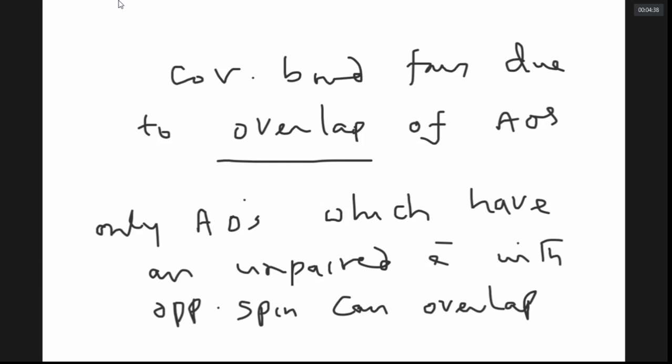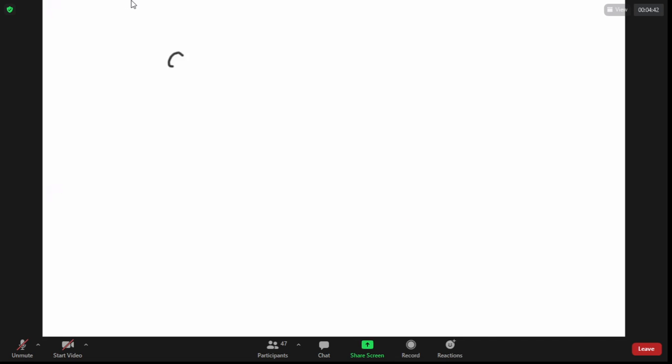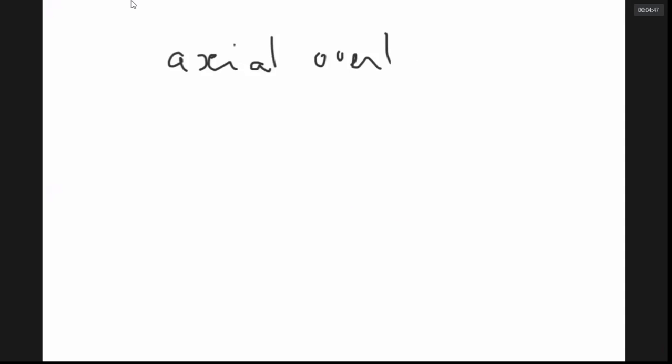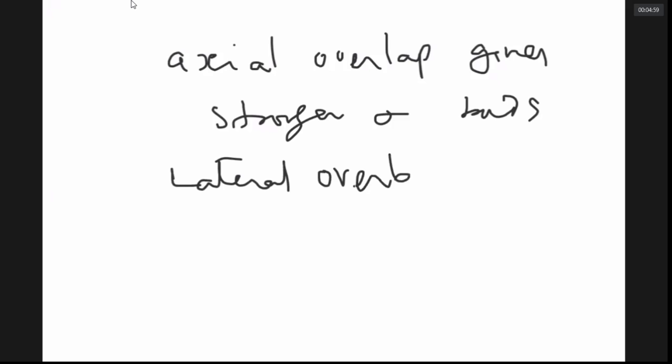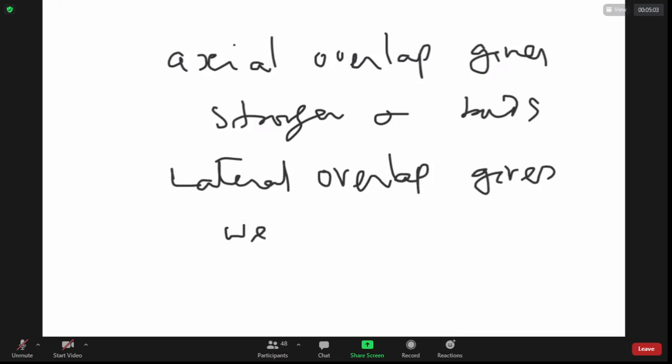The overlap can happen axially. Axial overlap gives stronger sigma bonds. Lateral overlap gives weaker pi bonds.